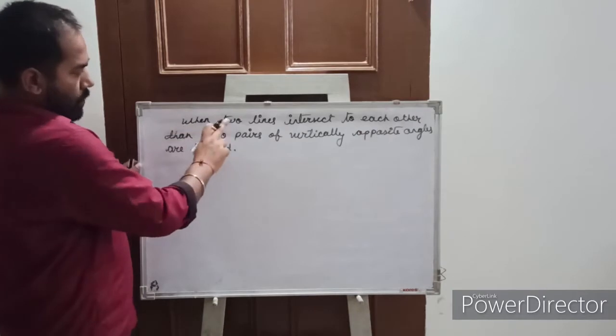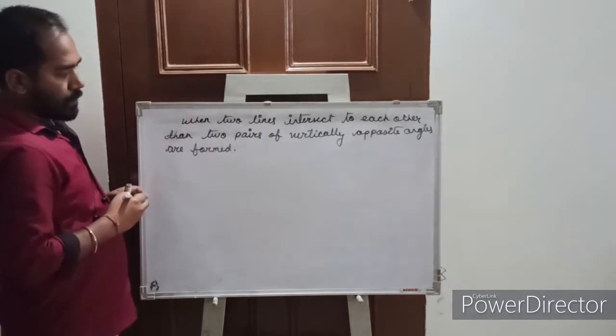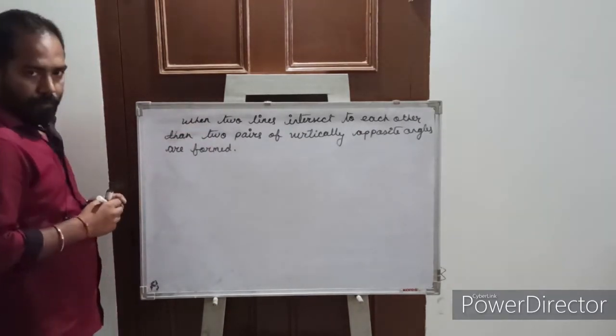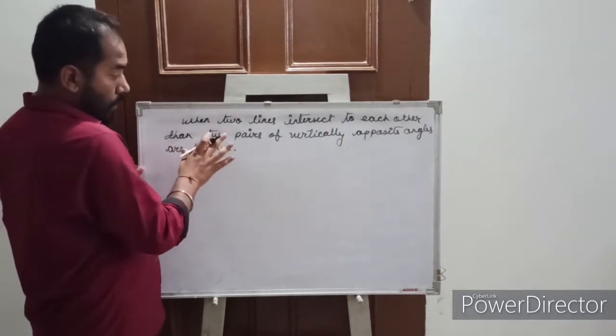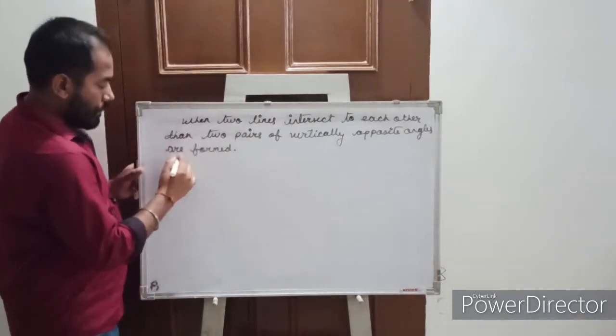Okay, so when two lines intersect each other, then two pairs of vertically opposite angles are formed. Today we are going to discuss that.